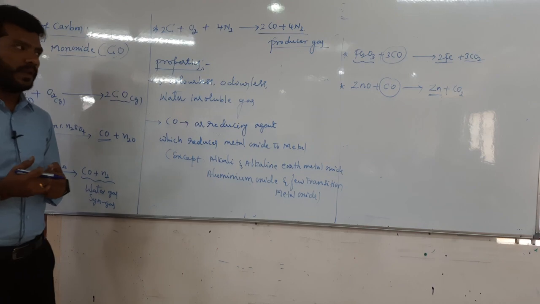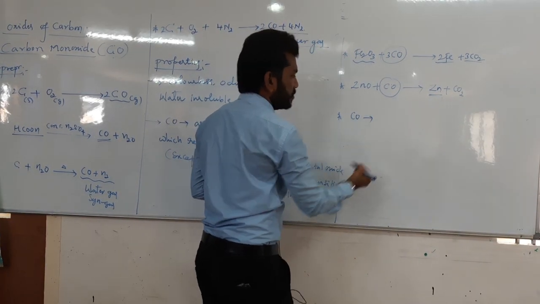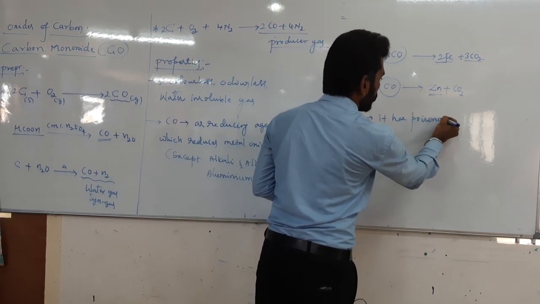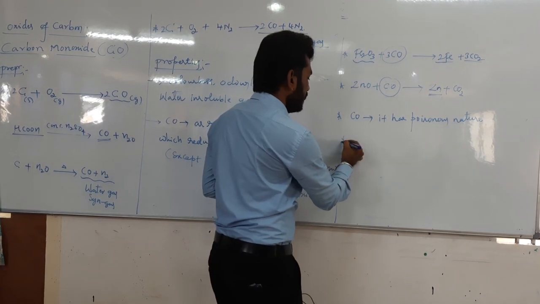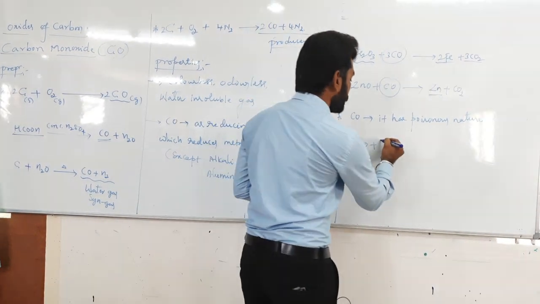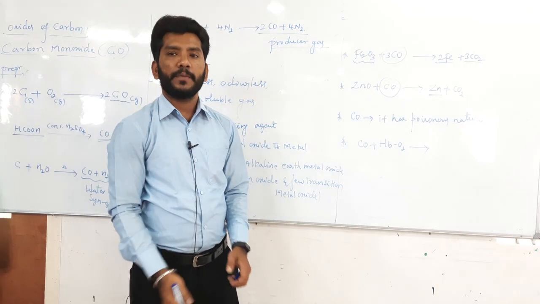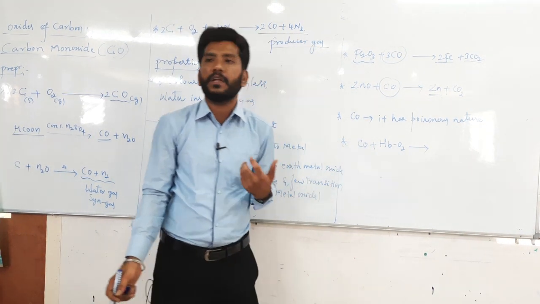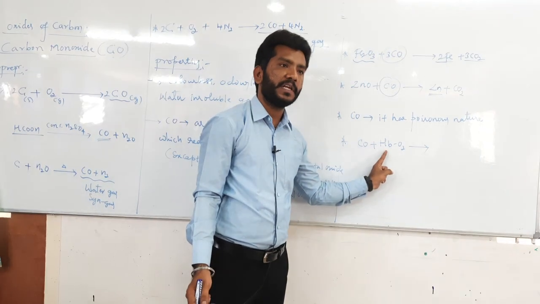So, if you have carbon monoxide, it has a poisonous nature, guys. Suppose it reacts with the oxygen which is present in the hemoglobin. Suppose we inhale carbon monoxide, it reacts with the hemoglobin present in the blood.